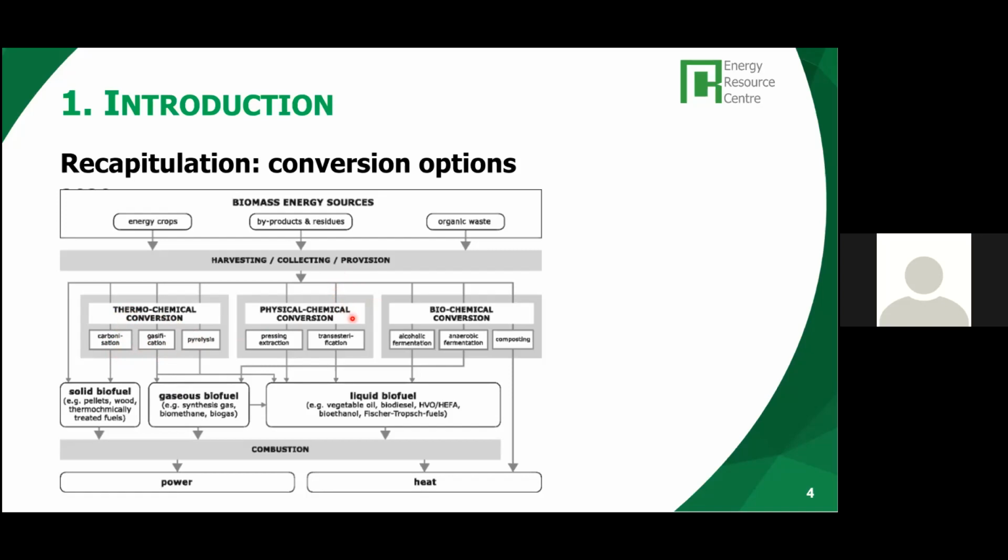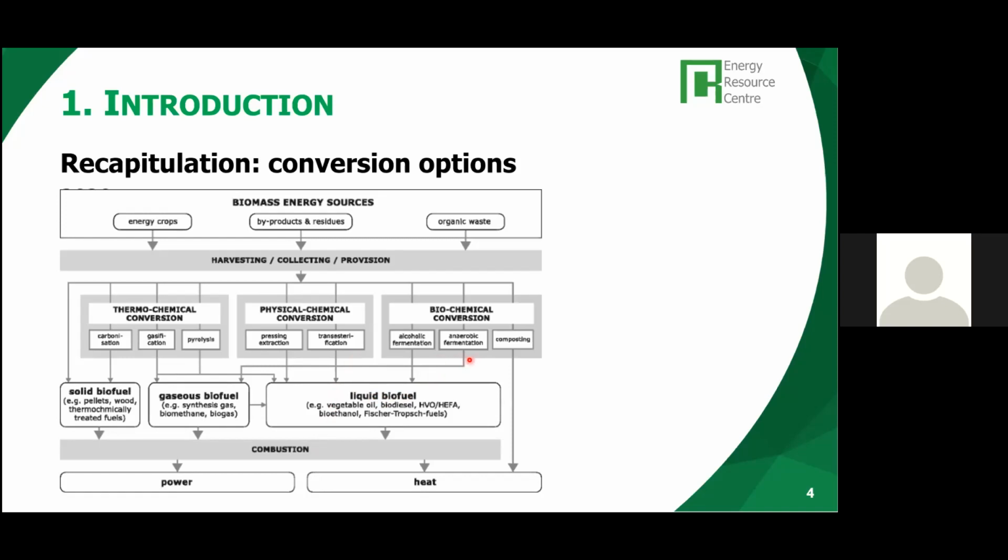On the other hand, we have physical chemical conversion options, extraction of oils, and the transesterification of vegetable oils, which will both yield liquid biofuels, which can then be converted to use for energy.